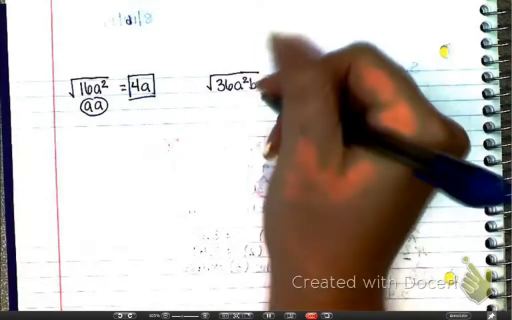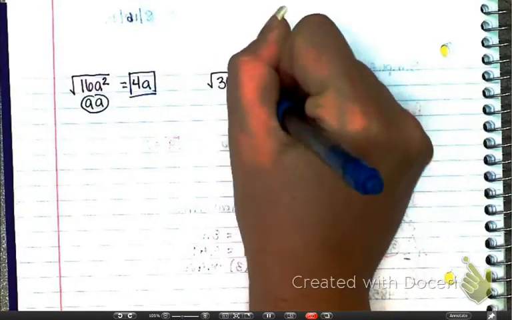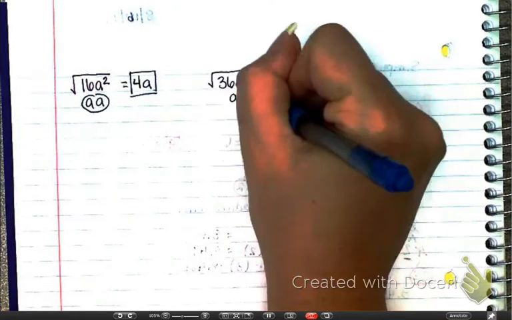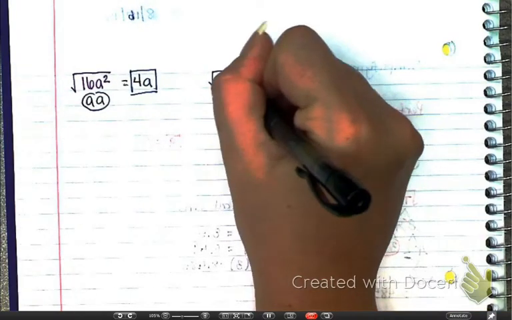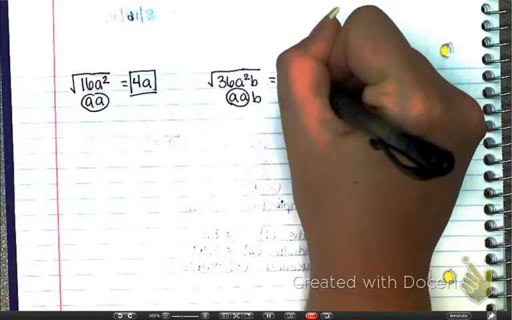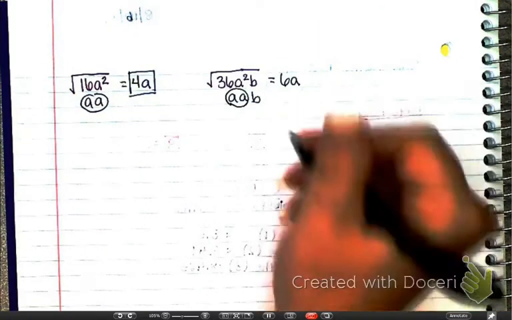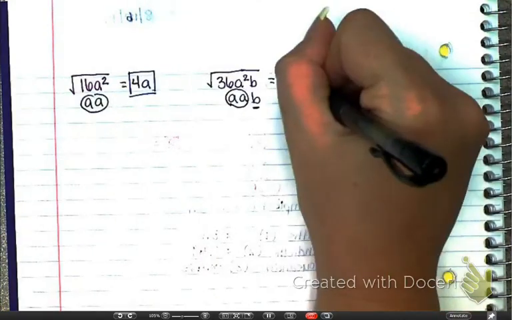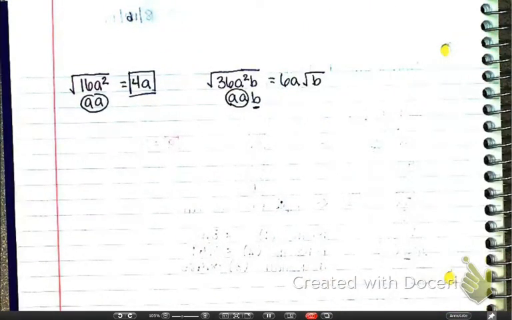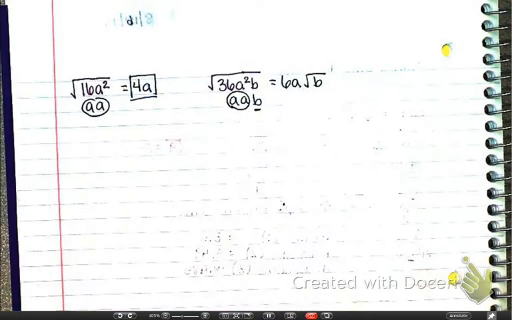A squared means I have 2 a's, and I have how many b's? 1. Anyone see a pair? The a's. So the a's come out, and what's left over? Where does the b stay? In the square root. So whatever's left over stays inside. So it works the same way as numbers. We just have to understand what a squared means, or a to the 5th means.